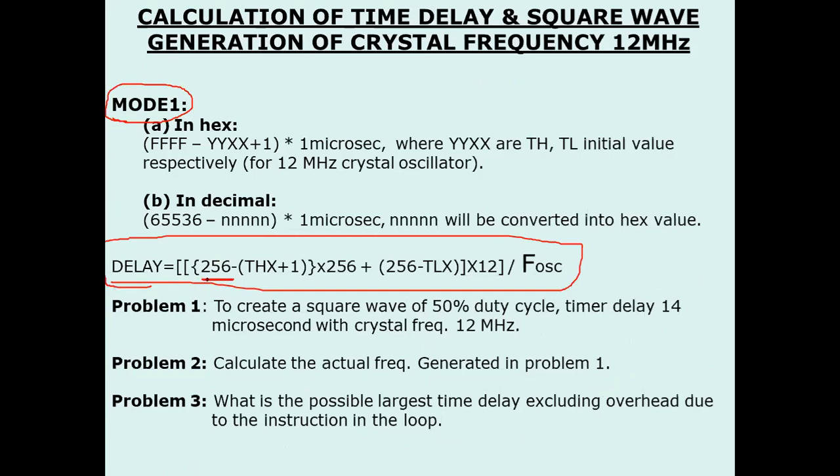Clear or not? Clear, okay, sir. Now if I tell you that you count up to 10 and you start counting from 5, how many counts will be there? Just count and tell me.